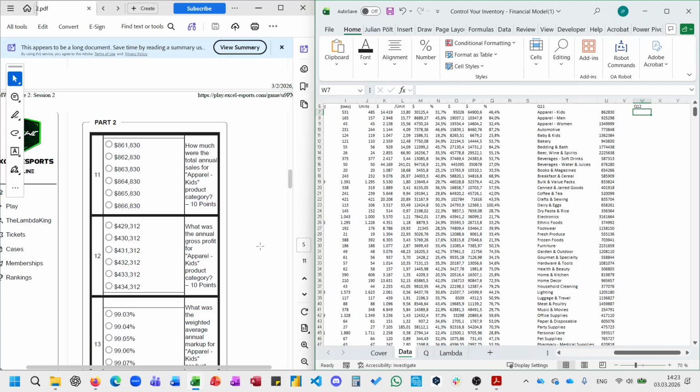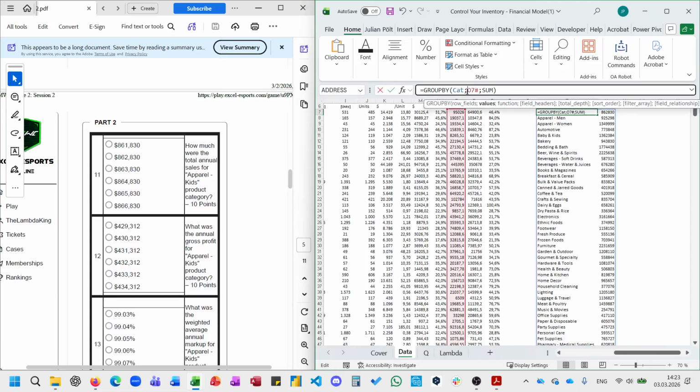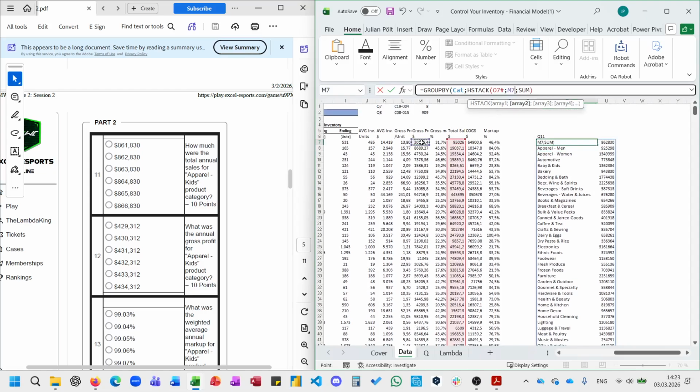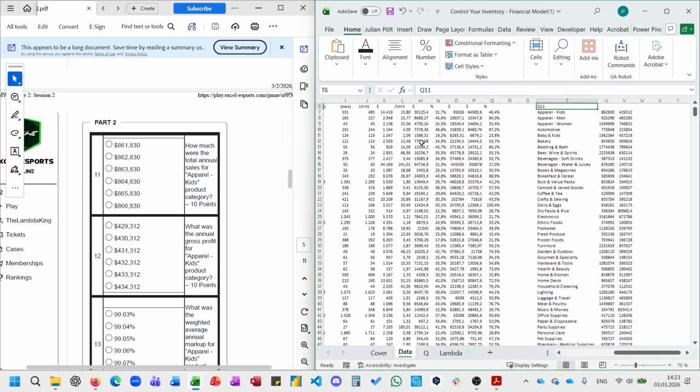What was the annual gross profit for apparel kids product? Okay. Haystack in here, not only the sales, but also the gross profit. And we have it here, it's answer A.